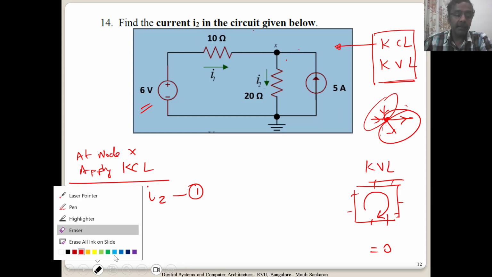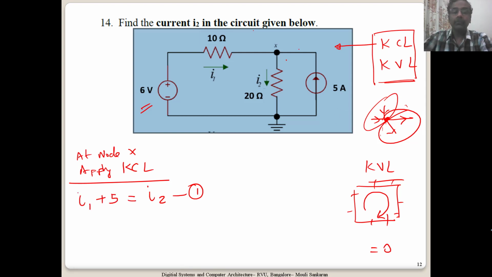Now let us apply KVL. Maybe I will use a different color. Where do I apply KVL? I can apply here because the voltage source is also given. Now this is the direction. Remember, this is I1 and this is I2. Now what is the equation? One more thing you have to remember: there is a passive convention of voltage.